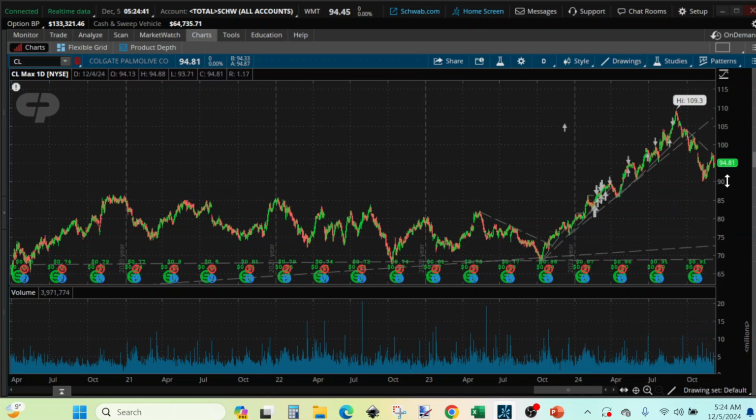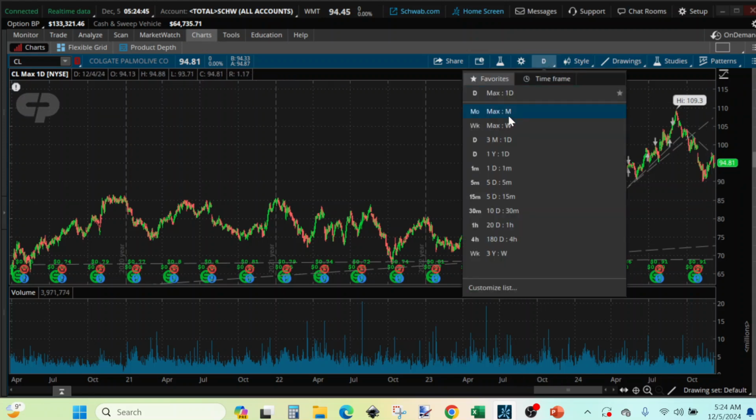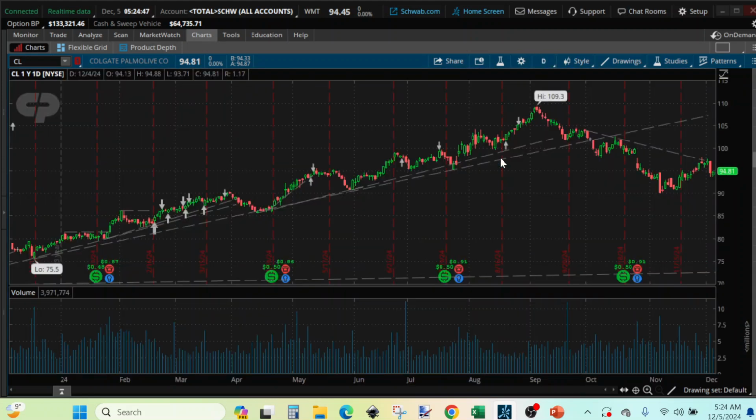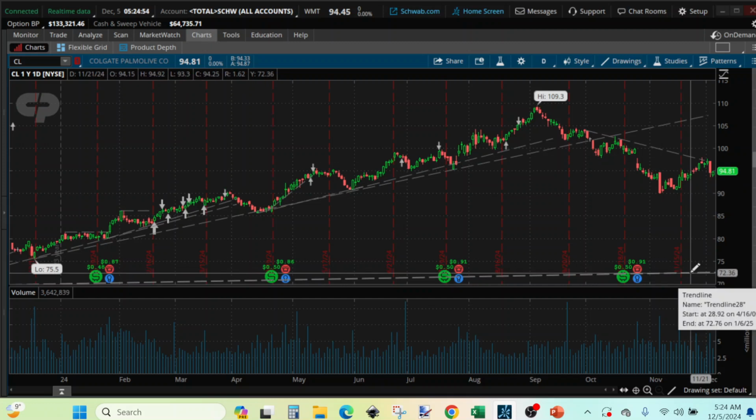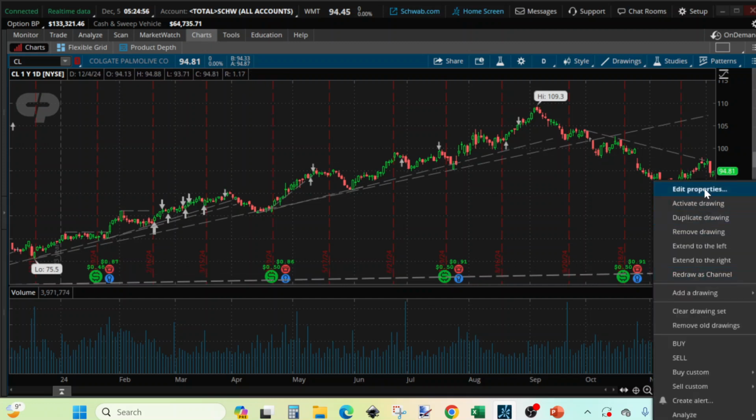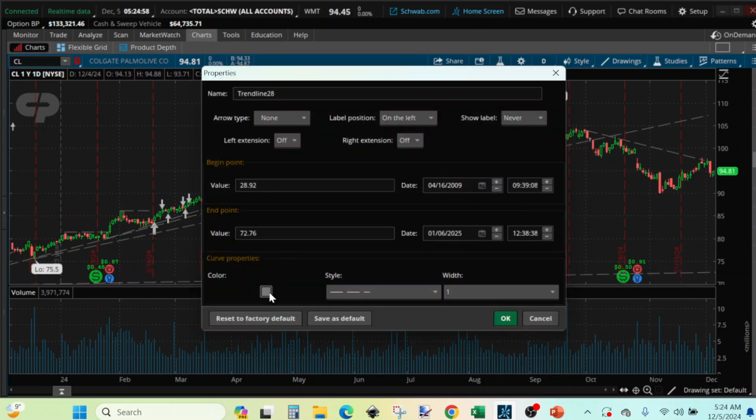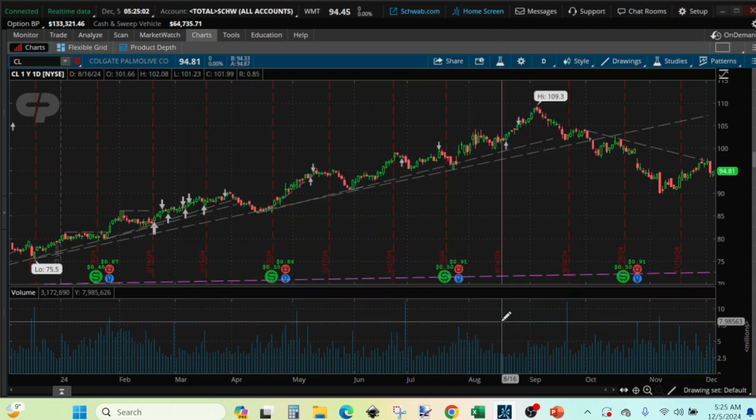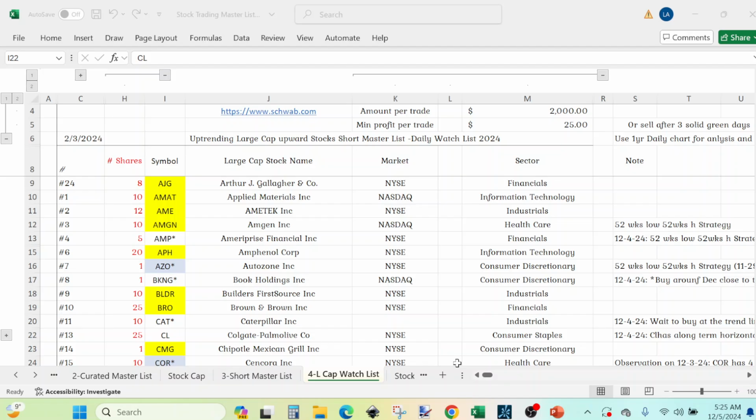It's just far from where it is right now. And we'll go to 1 year daily chart. So the lines are here, it's just far from it. So that is the line that we will be following if we want to buy it. Therefore, we're not going to worry about where it is right now. We'll just move to the next one.